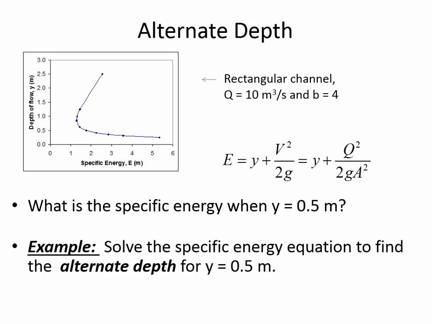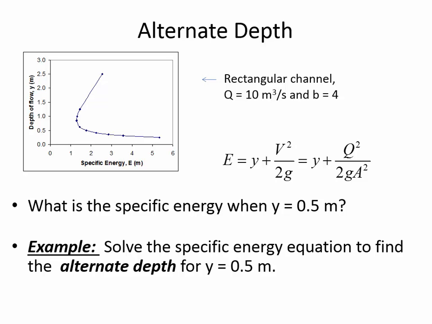And solve for Y. Okay, so it's going to look like this. 10 squared is 100. So we'll have 1.774 is equal to Y plus 0.3186 divided by Y squared.